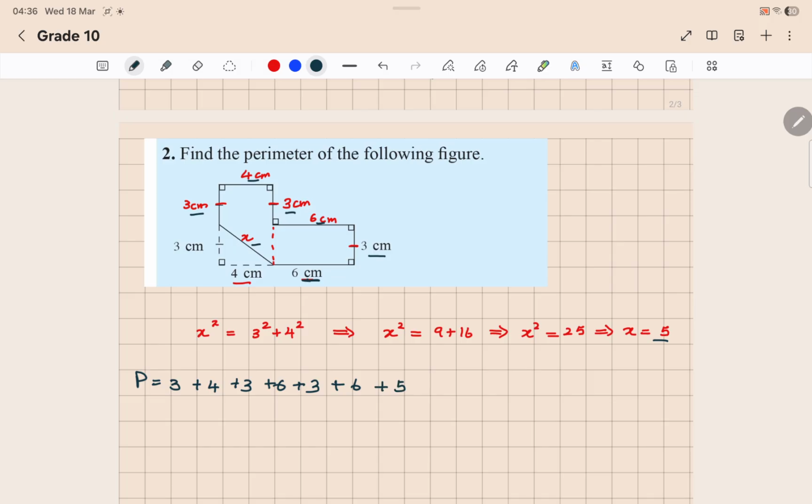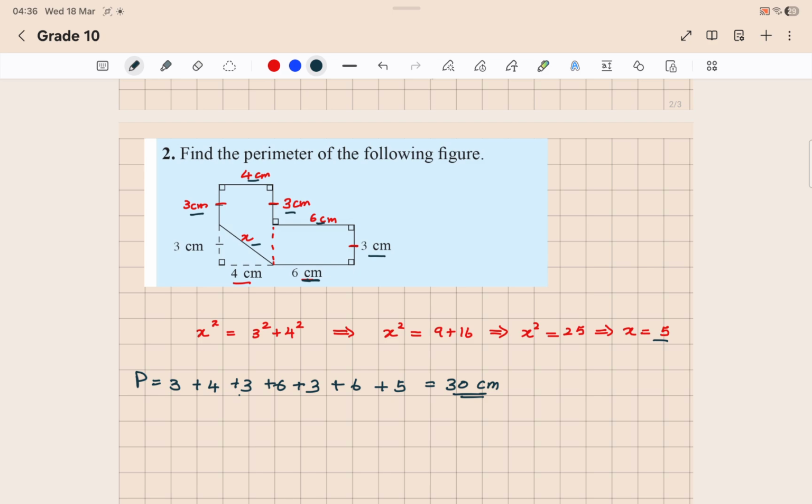That gives you the total length of the boundary, which is the perimeter. So what is that? 10, 19, 25, 30. 30 centimeters. So that part is done.